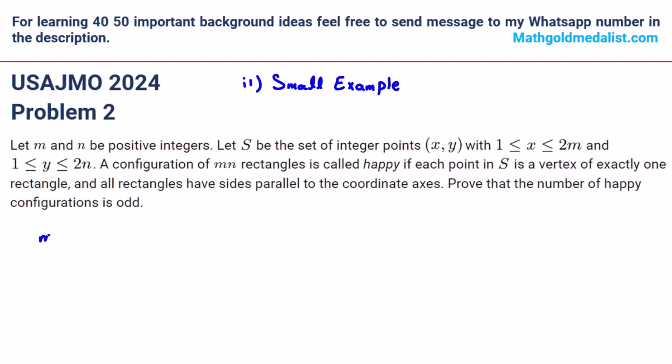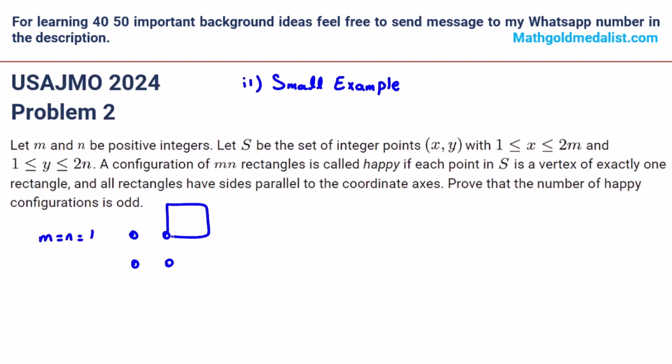Suppose m is 1, n is 1, okay, because it says m and n are positive integers. So if you consider m equals n equals 1, then how many points are there? You have 2 by 2 because x from 1 to 2, y from 1 to 2, and a configuration of one rectangle is called happy if each point in S is a vertex of exactly one rectangle.